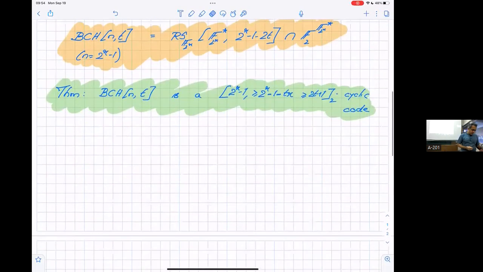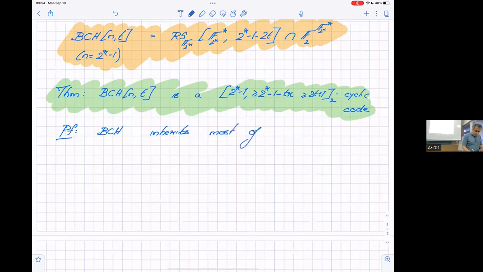So the only thing left to argue: BCH inherits most of its properties from Reed-Solomon.